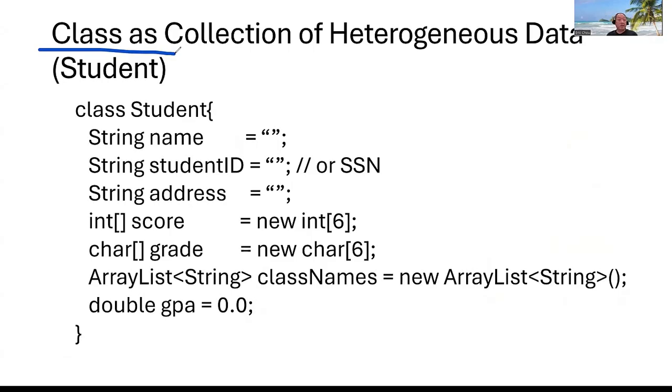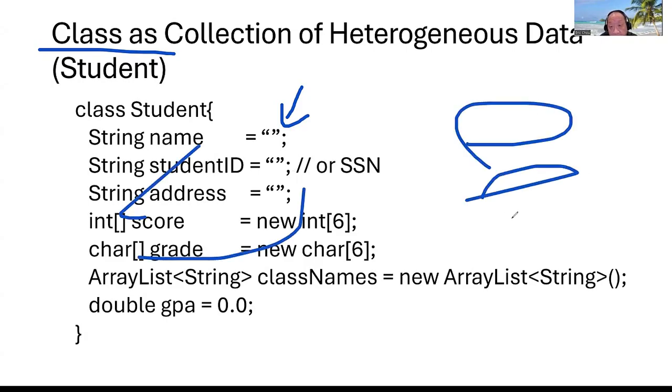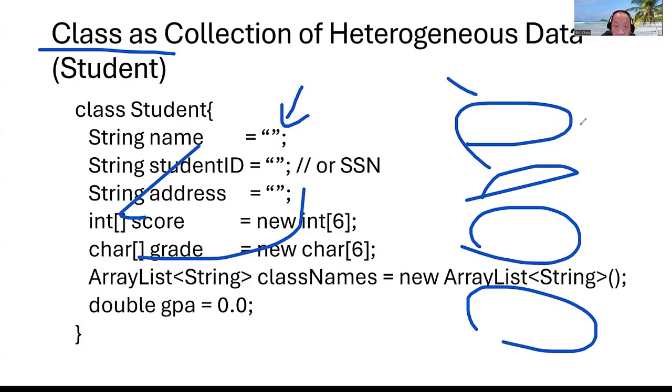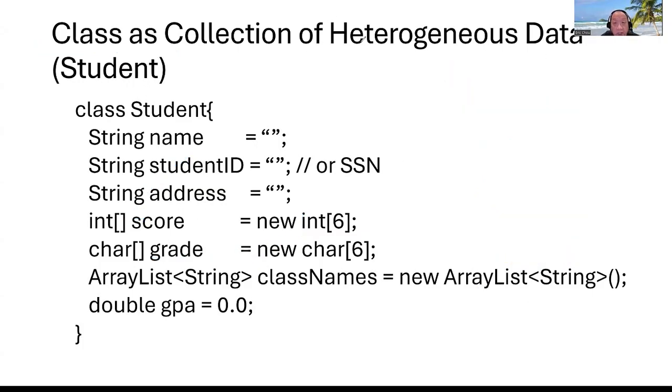So when you design a class, you may already know that you want a class for student, and you put all kinds of data here. So you start with the data, then you design the getter, setter, equals, toString, service routines, based on this whole thing. Right now we are not doing it, but just to let you know that's the way we do object-oriented programming.